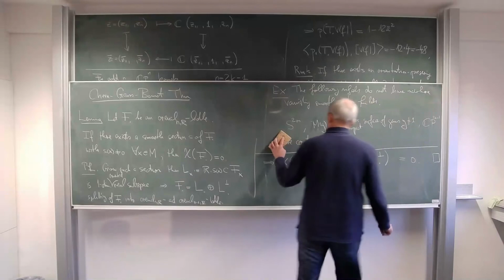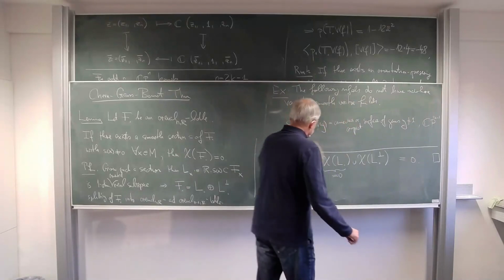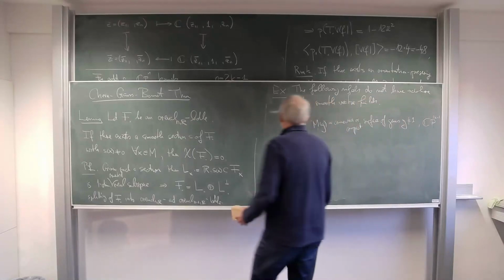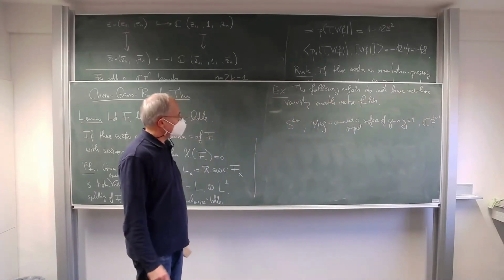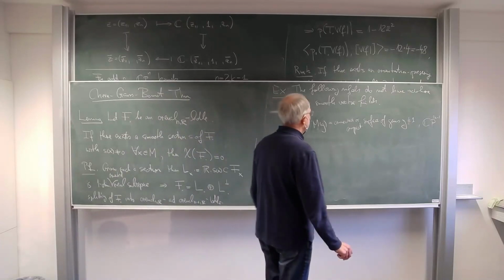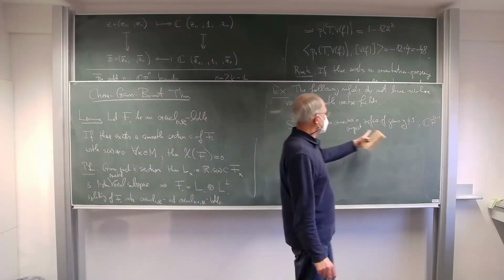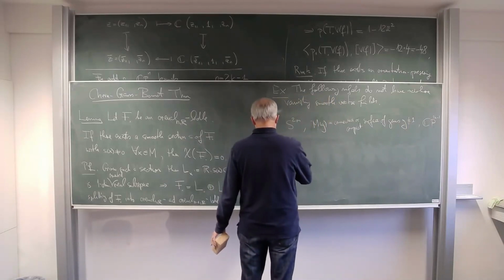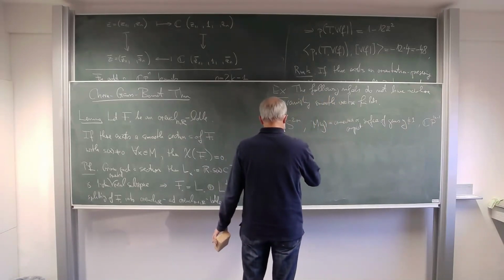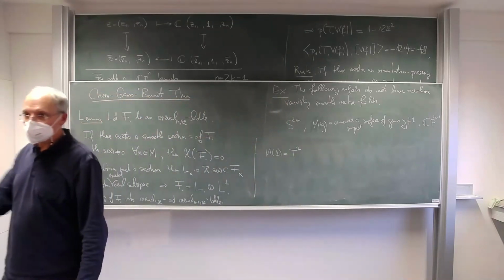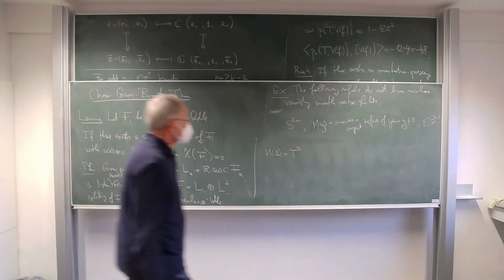So I have these counterexamples, and indeed, let's see. If the genus is equal to 1, that's nothing but the 2-torus. And the 2-torus does have such a vector field, right?